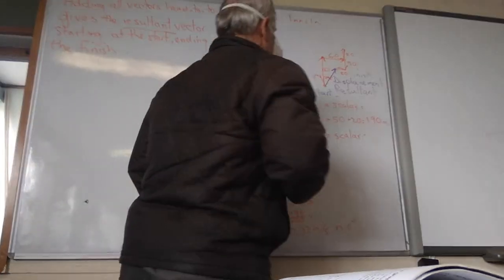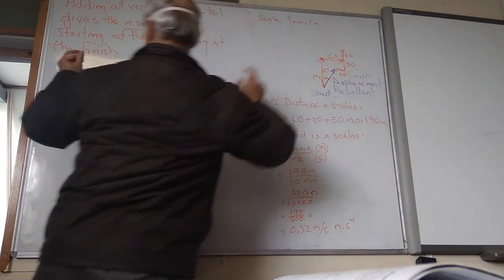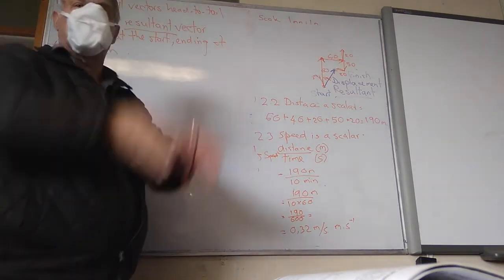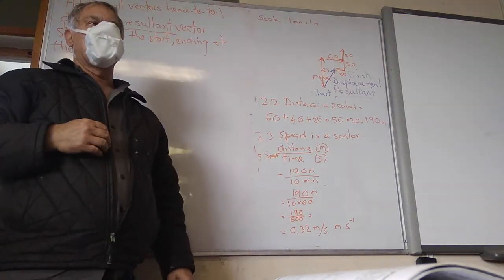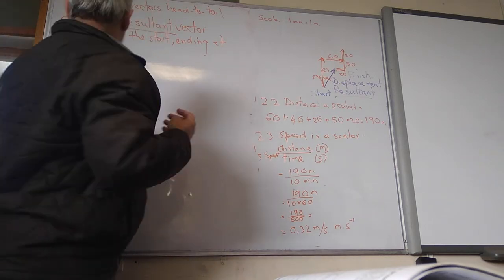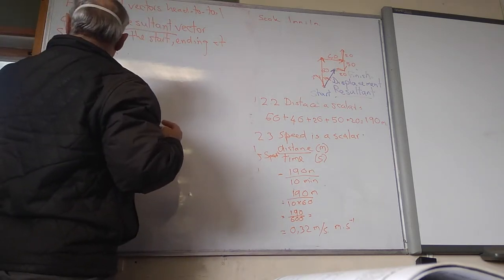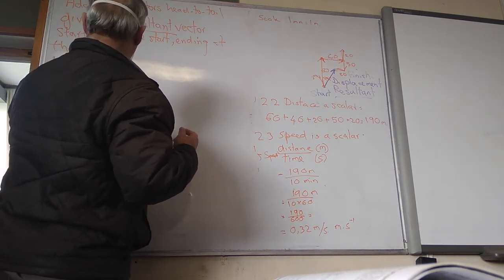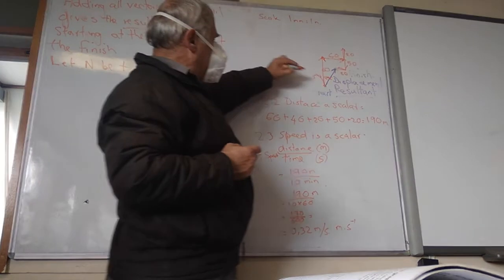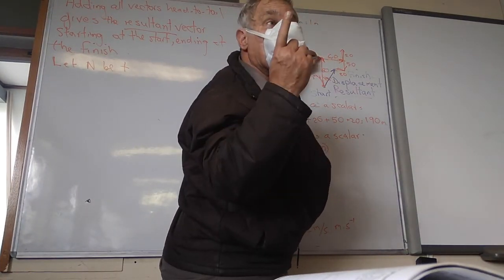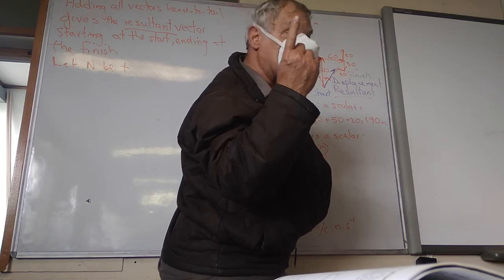Okay. So what I'm going to do is say let all things in the same direction cancel each other out. Let north be positive. So let's add all the north vectors. How much positive do we have to start off with? Plus 60.